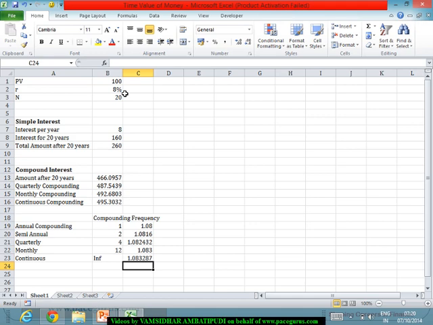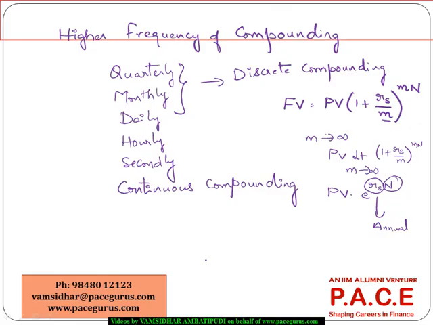So this is how we could see that for different compounding frequencies, the same stated 8% interest rate could give me different amounts. Here if I am getting just 1.08, here I am getting 1.0816, whereas here I am getting 1.0832. So with the same stated quoted interest rate for different compounding periods, I am getting completely different amounts.